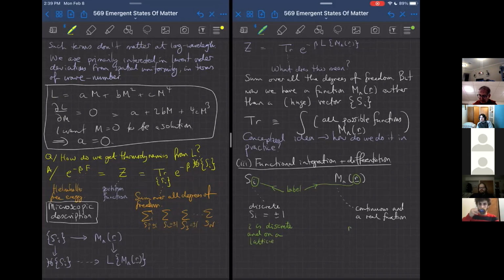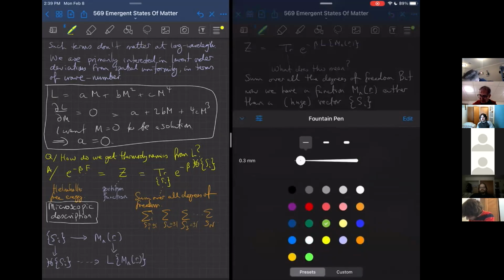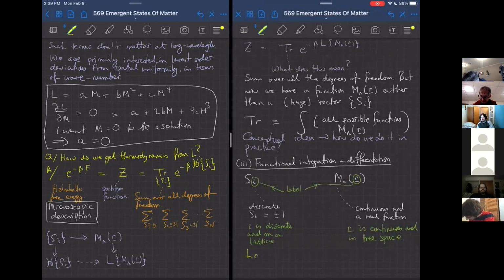And here, R is continuous, and in free space, I suppose. So these things differ in terms of the label and in terms of the variable. So there's two things. So space is just a label, and the variable is the order parameter.